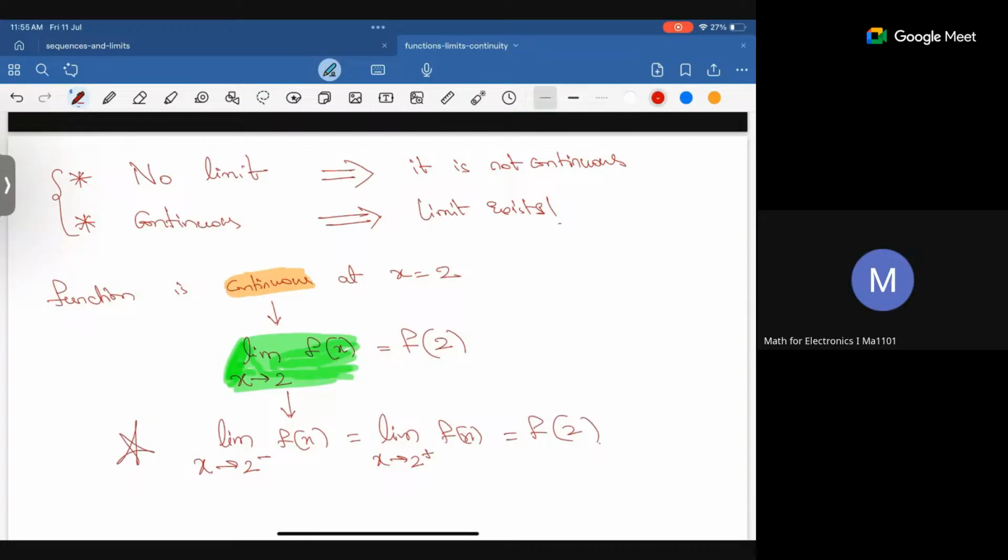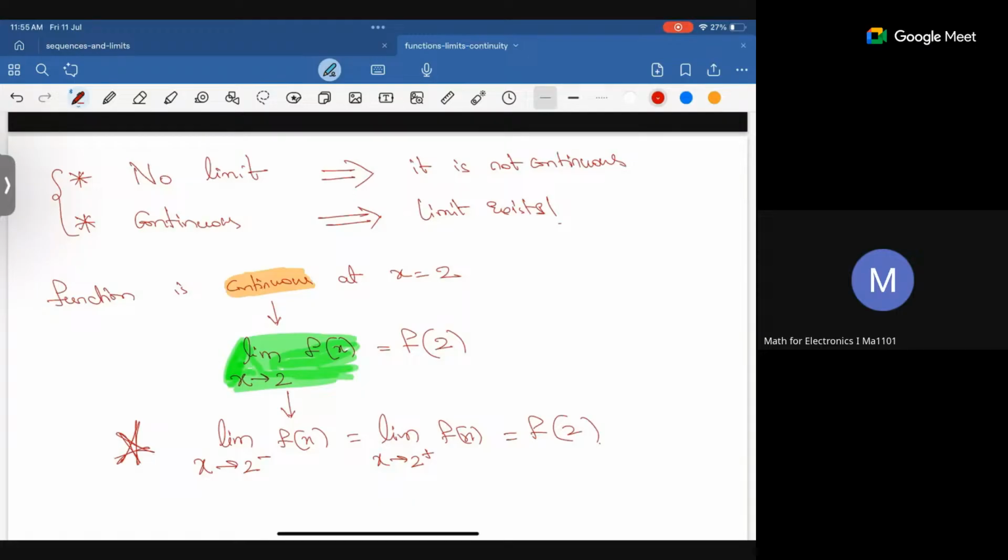Okay, so I think there are a couple of examples in the graded assignment also, right? Suppose f of x is given to you with some unknown constants, and we just said f of x is continuous at x is equal to 2. Then all you have to do is use these conditions and find those unknowns.